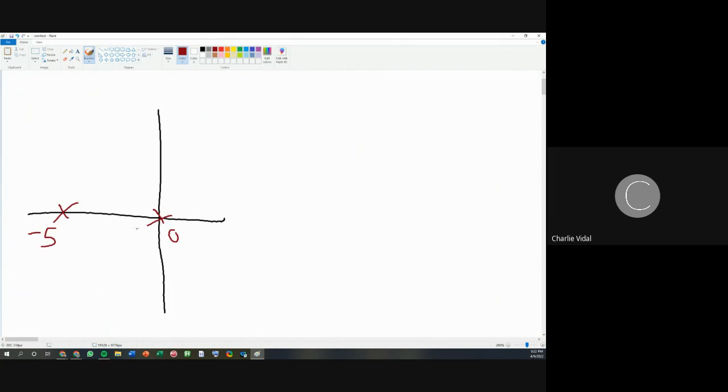If there are 2 points, 2 x's, they are going to make a line that goes straight up and straight down. It goes up and it goes down. And that point will be in between these 2 points. So over here would be at -3.